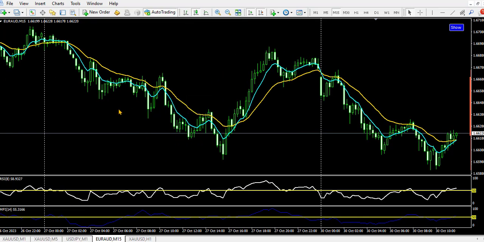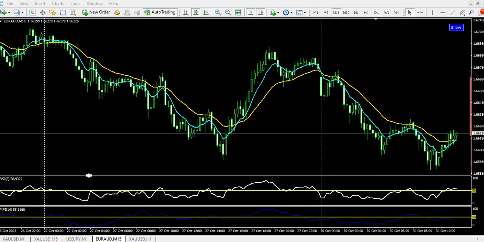Number one thing you have to look out for are these moving averages, these two moving averages, because they have to cross before you consider the other indicators in the indicators window. Now after that, you have to consider this indicator.